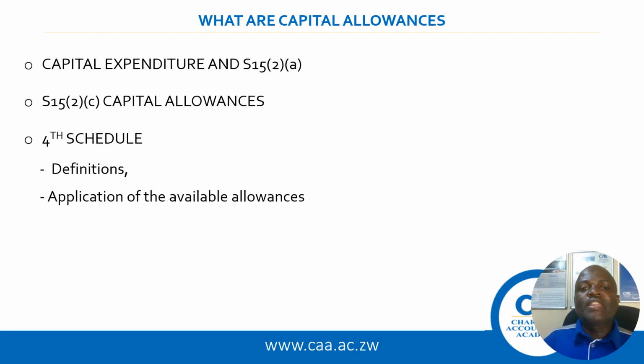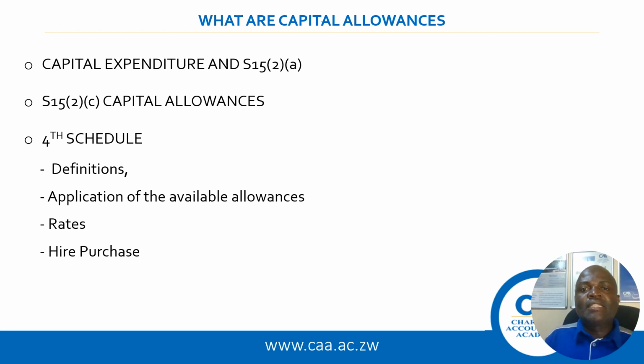It goes further to then say these are the available allowances, types of allowances. It then also gives guidance on how to apply these types of allowances to the different classes of assets. It prescribes the rates.